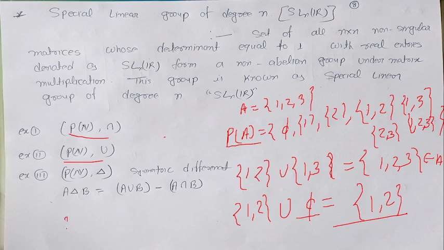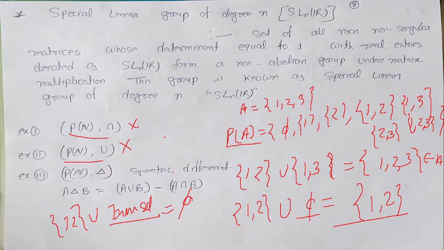If you take {1,2} once again, its inverse set would need to be phi, but no such inverse set is available, so we cannot say that it is a group. So this one is also not a group, this one is also not a group.